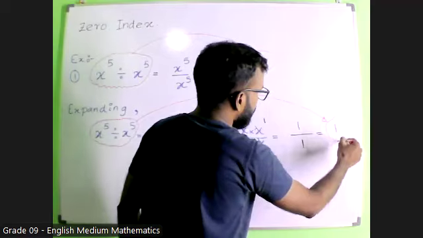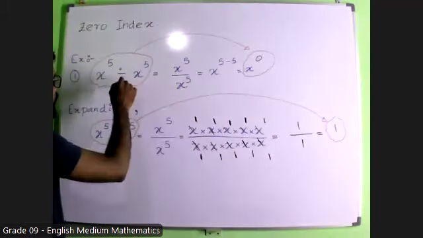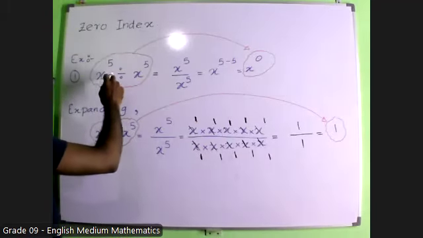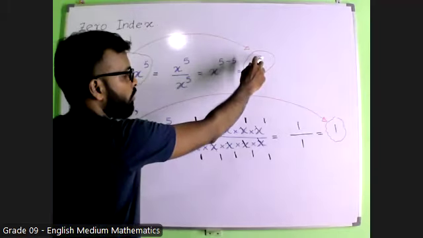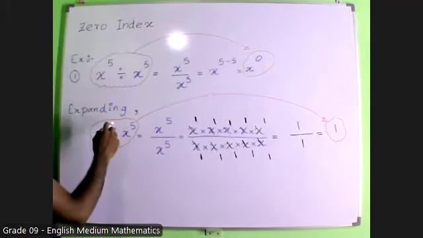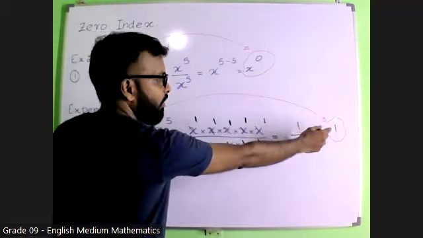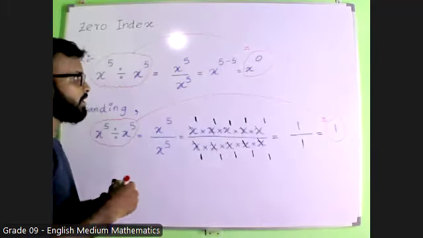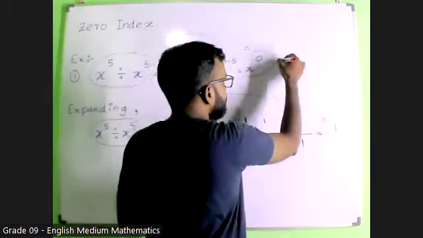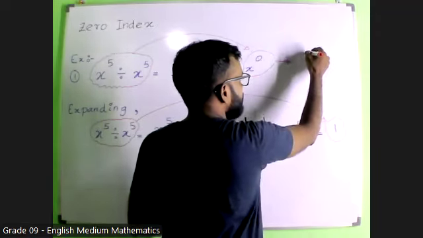So if we do this, we can obtain x to the power 0. If we do this expanding, we can get 1.